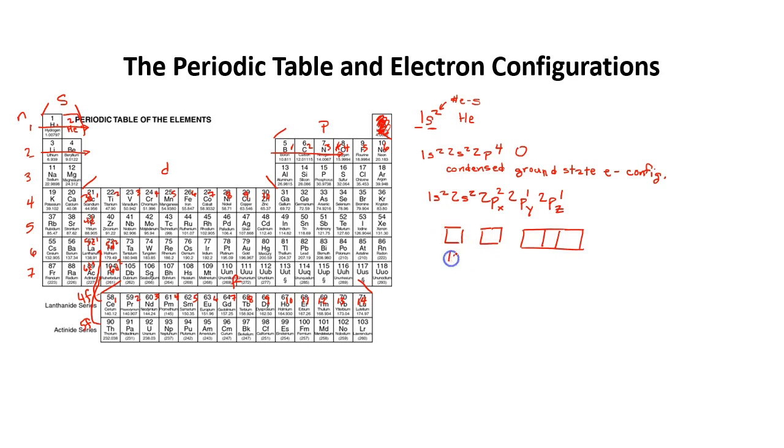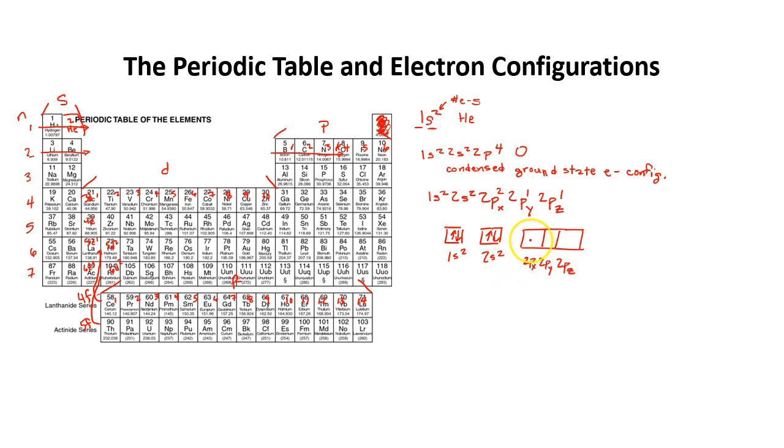So this is my 1s2. So I got 2 electrons in the 1s2. In the 2s2, I have 2 electrons. And this will be 2px, this will be 2py, and this will be 2pz. Alright?